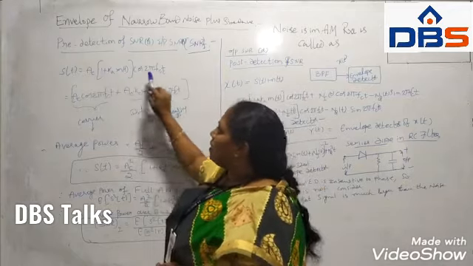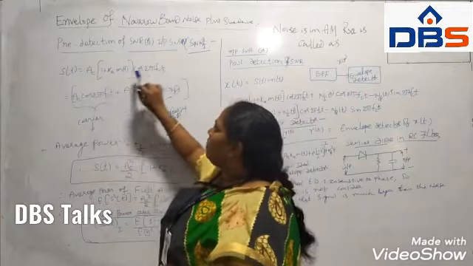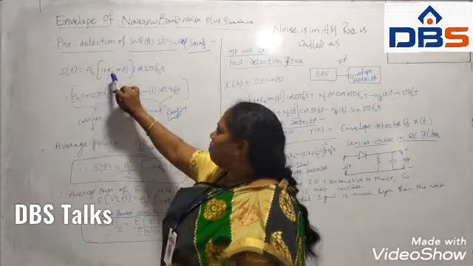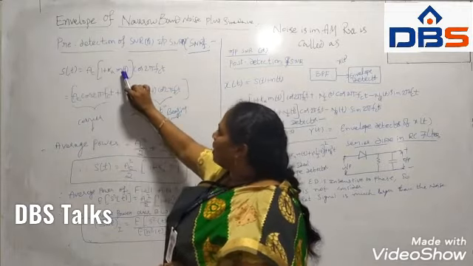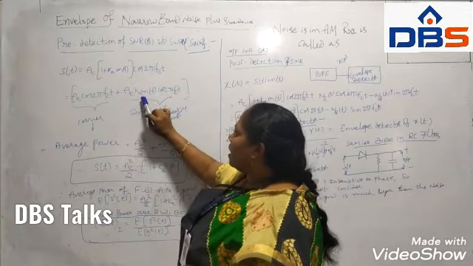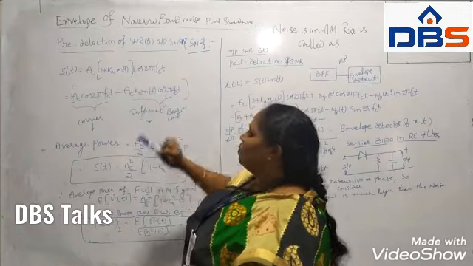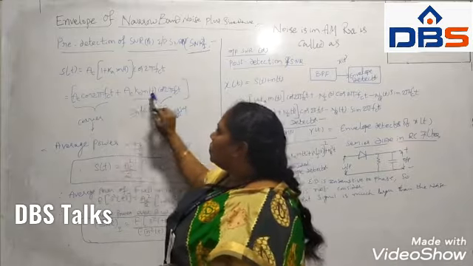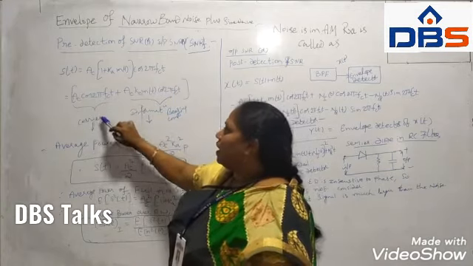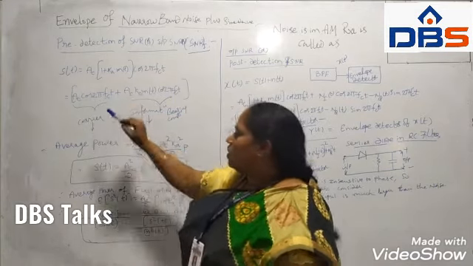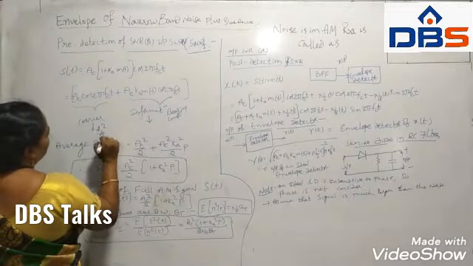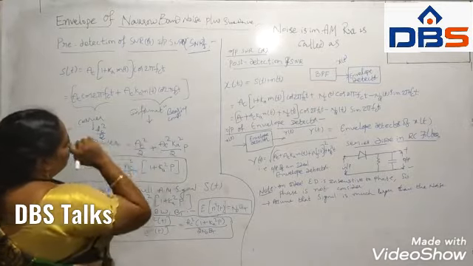We expand this equation: AC multiplied with cos 2 pi fct, so AC cos 2 pi fct plus AC Ka m of t cos 2 pi fct.